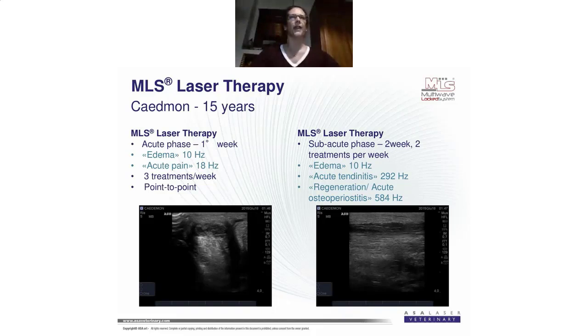In the subacute phase, I change my protocols. I can continue with edema if there is some edema remaining, but then I use acute tendinitis and the protocol with the 584 hertz. You find it as acute osteoporosis, but what is important is the frequency that you use, always point by point.